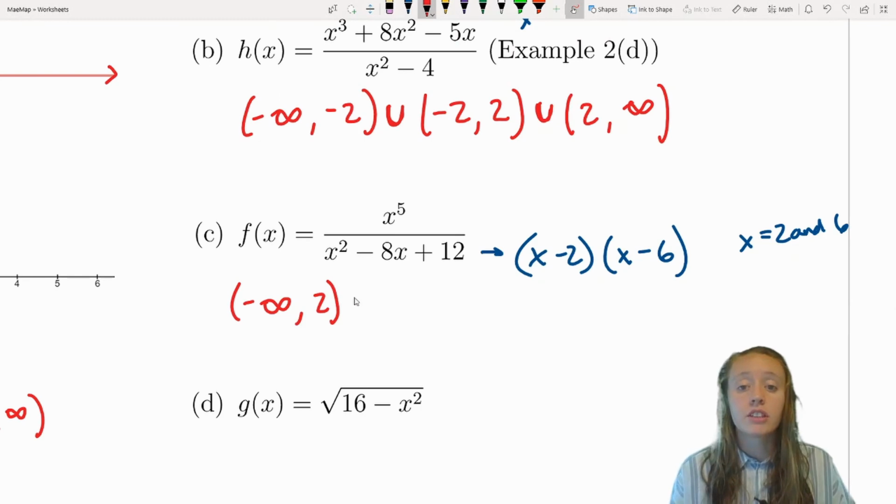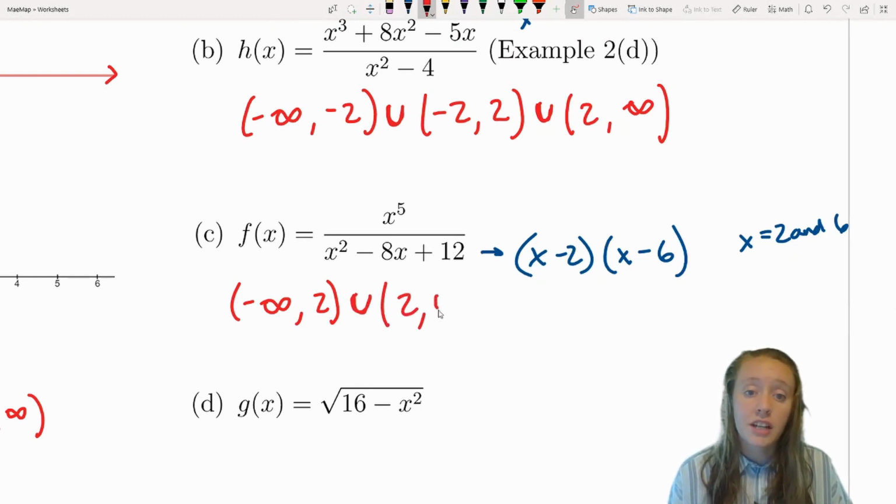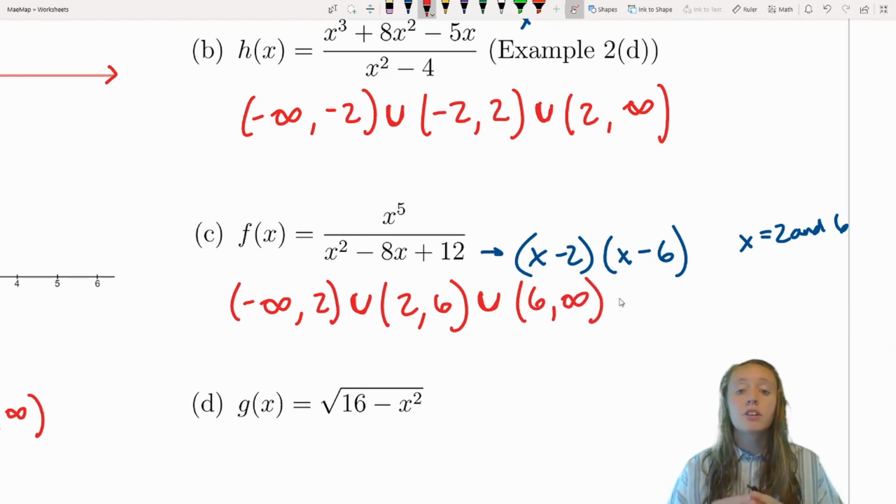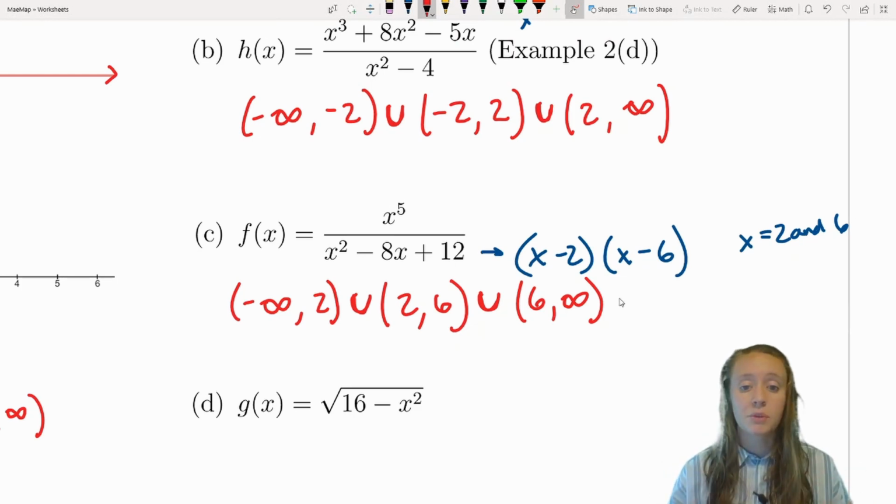So -infinity to 2, union to our next point of discontinuity, which occurs at 6, union from 6 on to infinity. That's my interval of continuity, all those x values where my function is continuous.